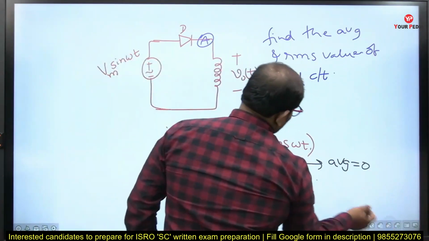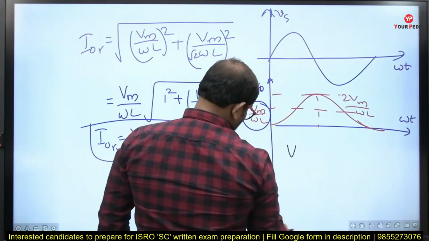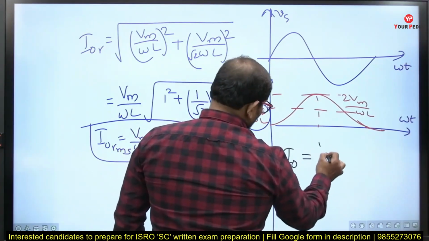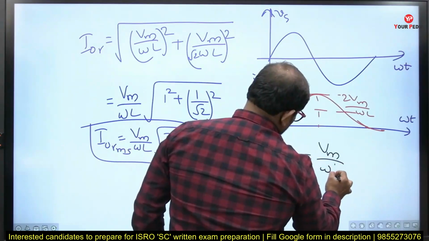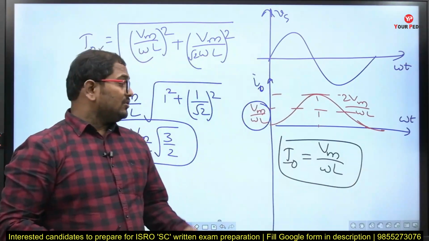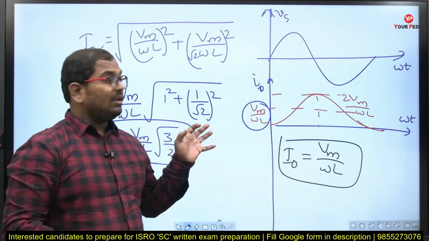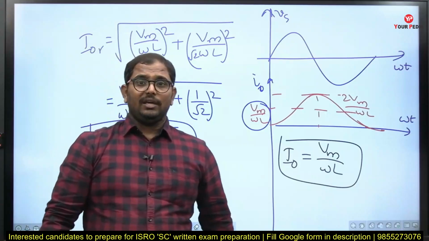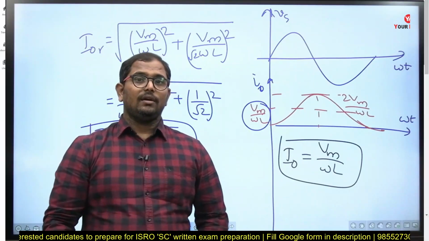So the final output average current I naught is equal to Vm by omega L. Like this, you need to solve different problems based on each concept. Okay?